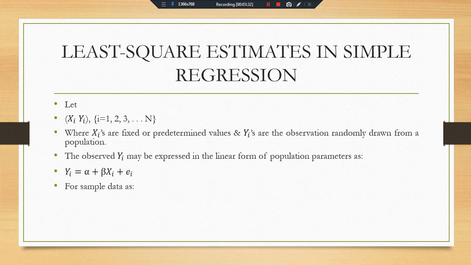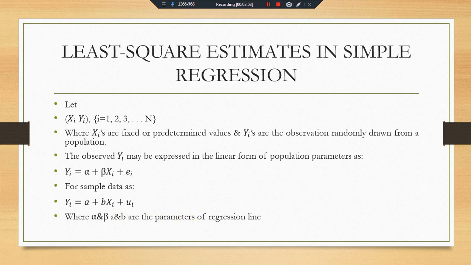Okay, for the sample case, we have yi is equal to a plus b xi plus ui. So the only difference between the population and the sample is that here we are using intercept and slope as a and b, where a and b, and alpha and beta, are the parameters of the regression line.